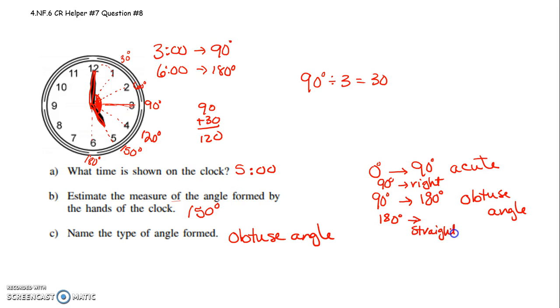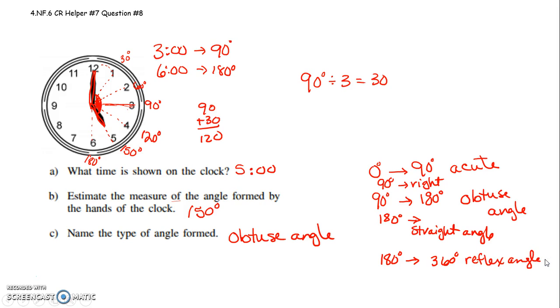Makes sense. Makes a straight line. And then above 180, but below 360, I believe that would be a reflex angle. So from 180 degrees to 360 degrees, in between those two would be a reflex angle.